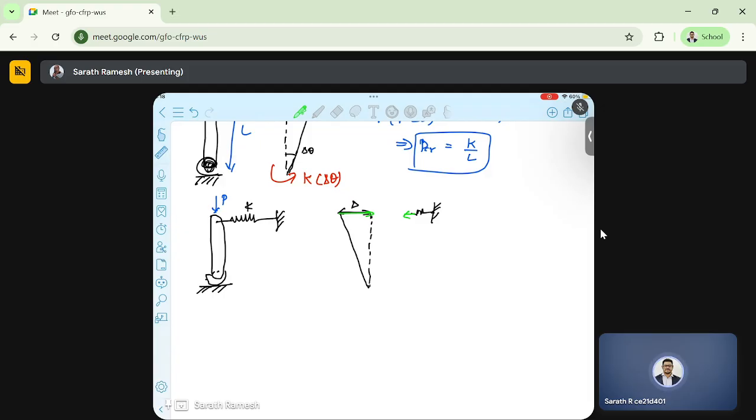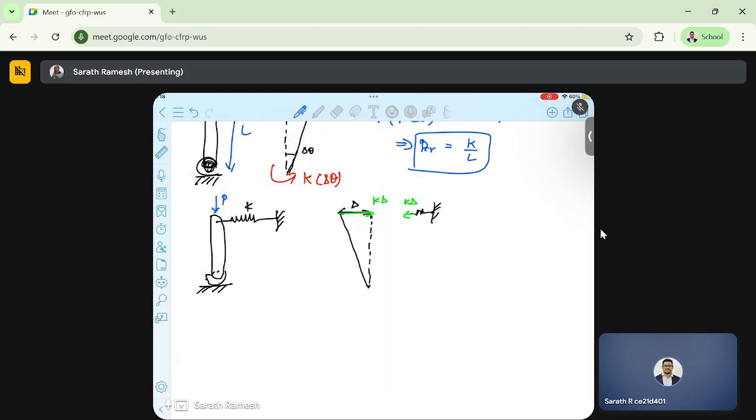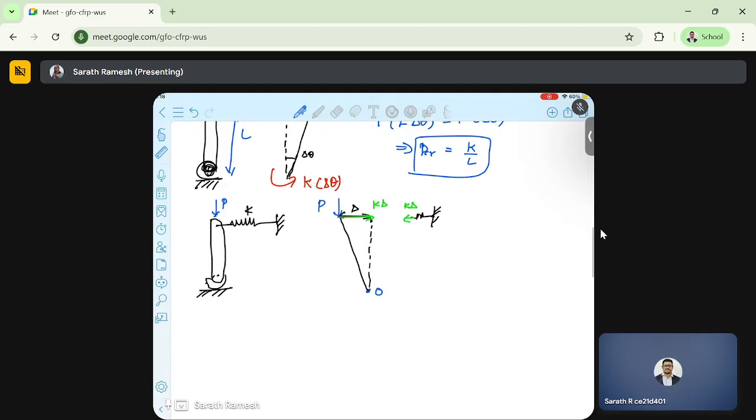What will be the force? K times delta, right? And there is an external force applied here, which is P. Now I think we are ready for moment equilibrium. This is point O. Moment at O is 0 because it's a hinge support.